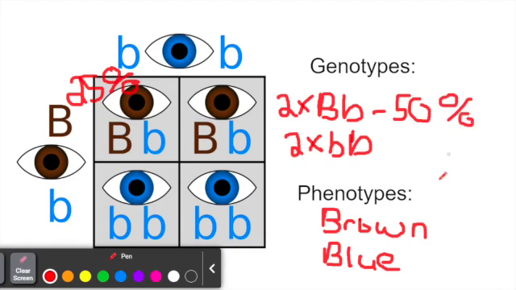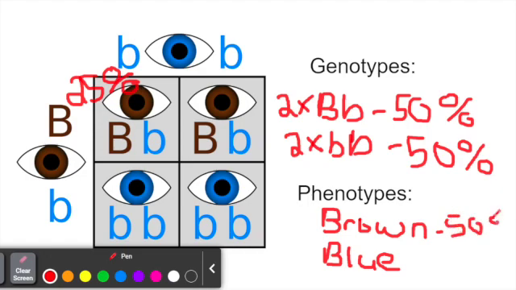Down here, because this one is 25% and this one is 25%, they have a 50% chance of having little b, little b. So when we look at eye color for these 2 parents, this parent has brown eyes, this parent has blue eyes. These 2 parents have a 50-50 chance of having a child with brown eyes and a 50-50 chance of having a child with blue eyes.